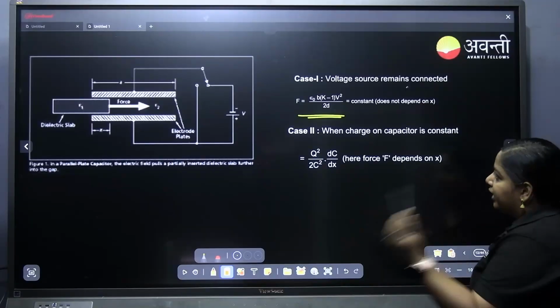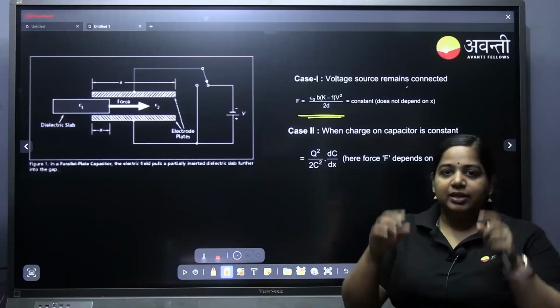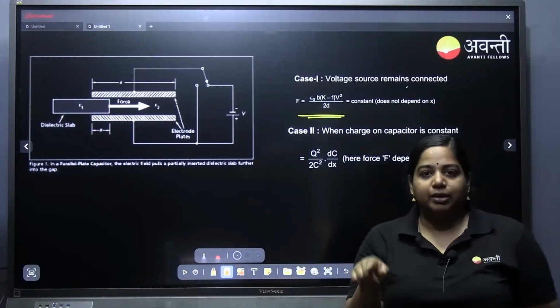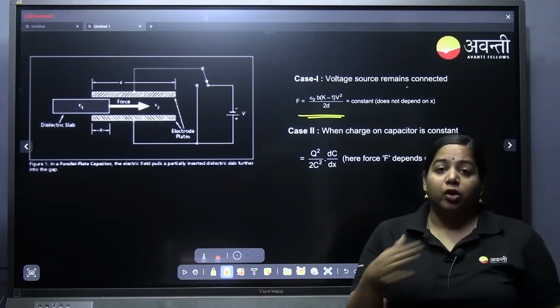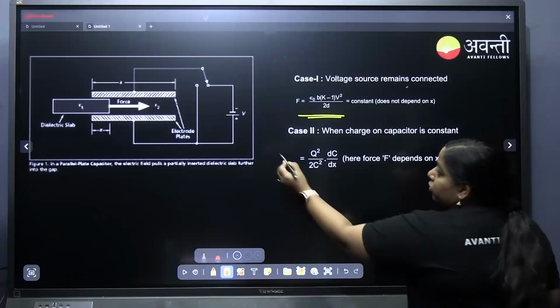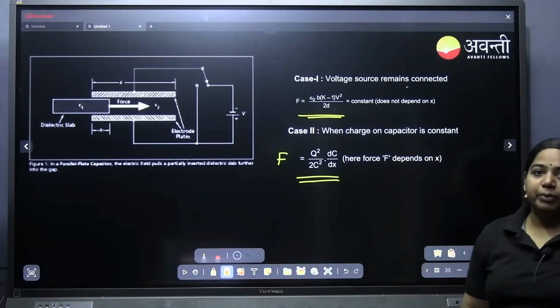Next one, when the charge on the capacitor is constant, which means the capacitor is charged but not connected to the battery, and we are inserting the dielectric, the force will be equal to this value. Here the force will depend on x.